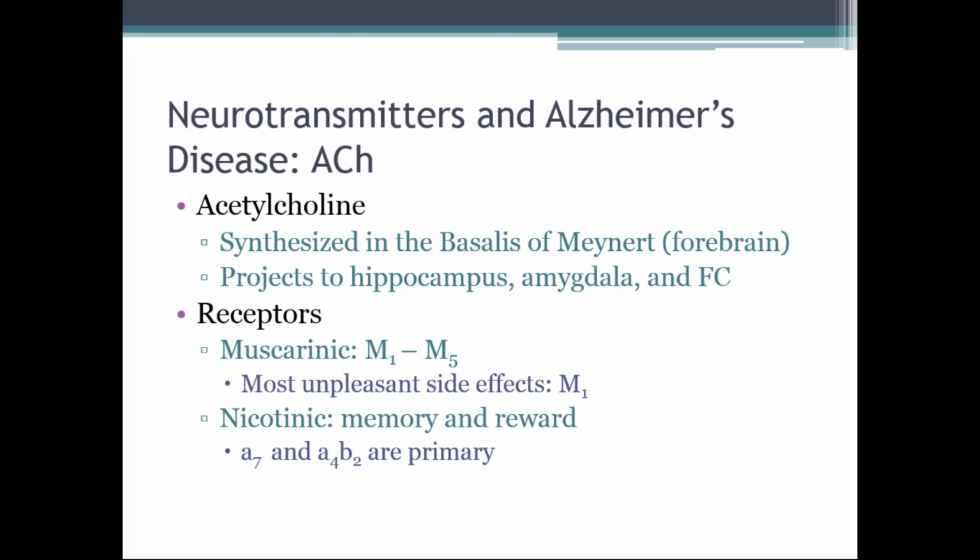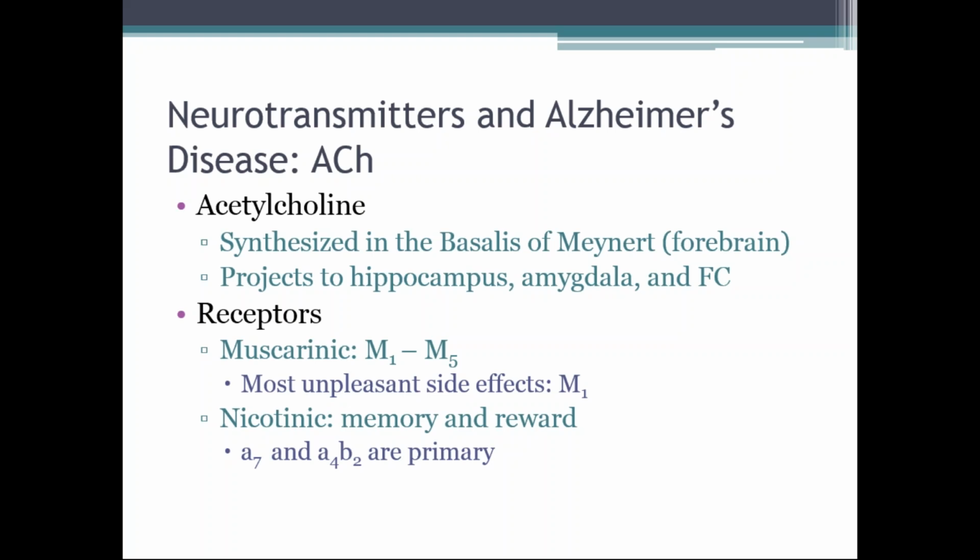So when we talk about anticholinergic side effects like my vision's bad and I can't pee and my mouth is so dry, we're really referring to muscarinic blockade, more specifically muscarinic.